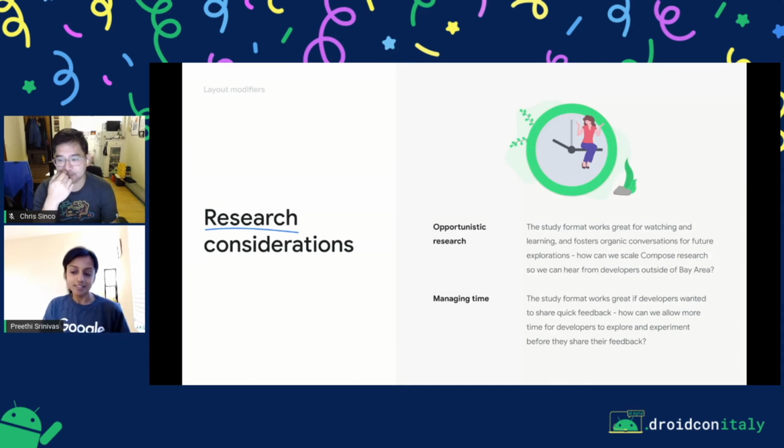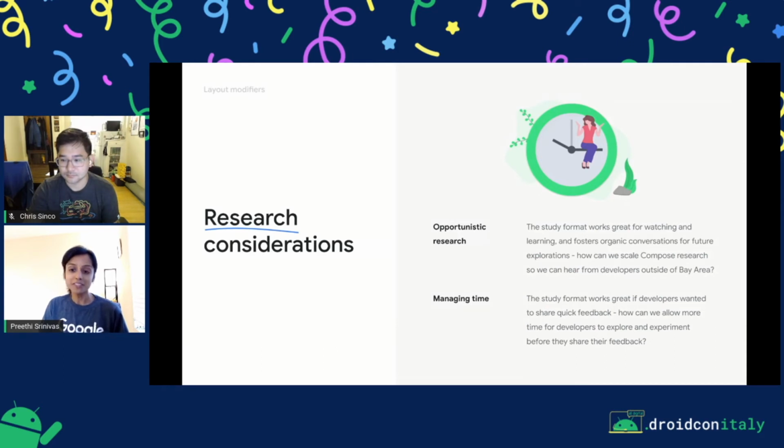Now, indeed, this study encouraged developers to spend a quick 1 hour away from their work to share what they thought. In fact, we heard feedback from several of the participants in these research sessions that they really appreciated being able to share their opinion and see it reflected in the product a few months later. Having a machine already set up with this kind of development environment and a startup project to get started quickly was really welcomed by most participants.